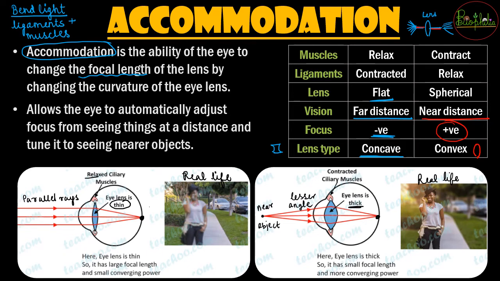The lady standing in front is in focus, whereas the background is going blur. So that is the case when there is nearby vision. At nearby vision, there will be smaller focal length and more converging power, whereas for faraway objects, there will be larger focal length and small converging power.